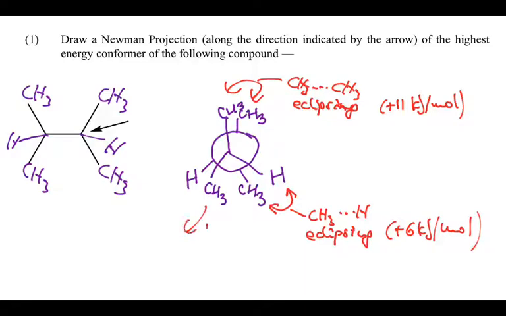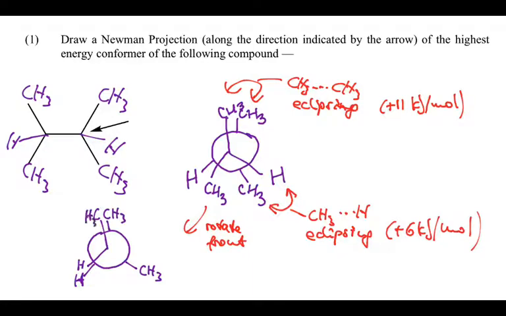We'll rotate the front, and what we get looks like this. The back part we keep the same, so it'll be CH3, CH3. But the front, we rotate. So now the 2 H's are on top of each other, and the 2 CH3s are on top of each other.